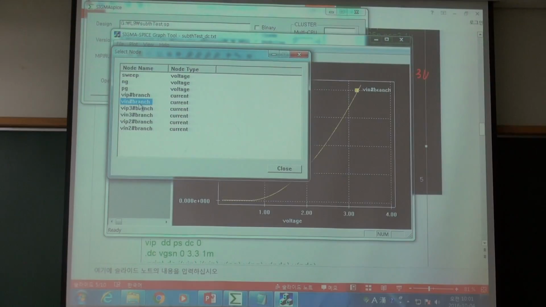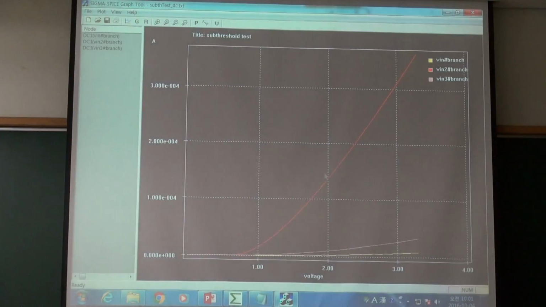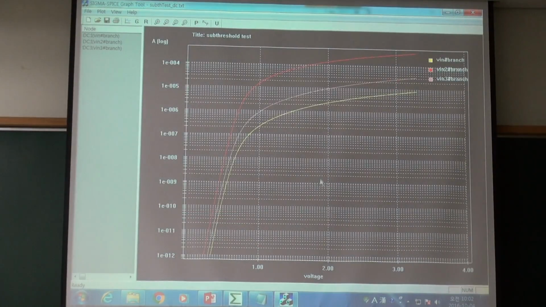Let's look at the MOS first. This is N1, N2, and this is N3. I will plot semi-log here. The red one is 1 by 0.7, this is 1 by 10, and this yellow one is 1 by 40.